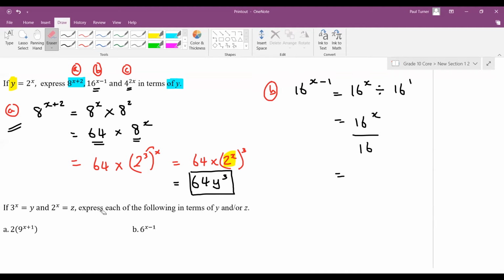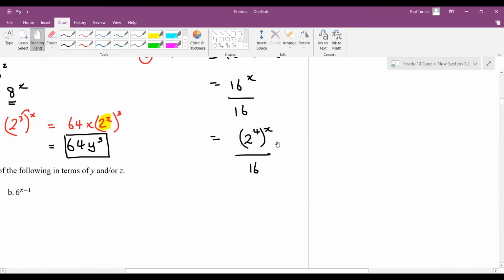So I'm thinking in this question here, we've got 16, which is 2 power 4, isn't it? Now we have 4 bracket x, and as I did in the previous question, I would put the x on the inside.